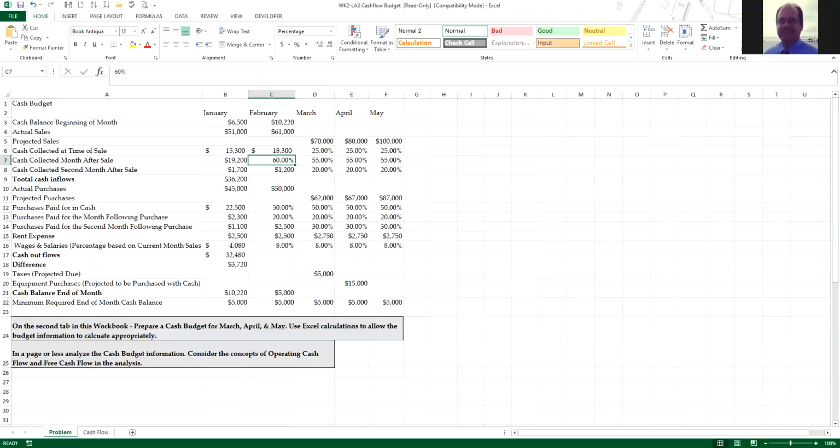Then we collected cash the month after the sale. So this 60% is cash that we collected the month after the sale. So the month after the sale, which is January, 51,000. So we're going to collect 60% of that $51,000 in January. We're going to collect 60% of that in February.